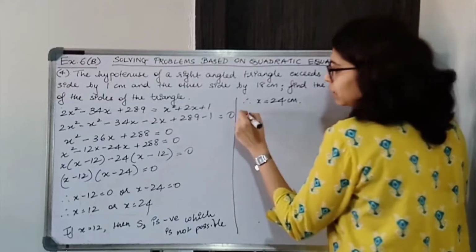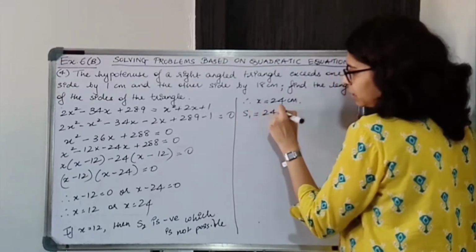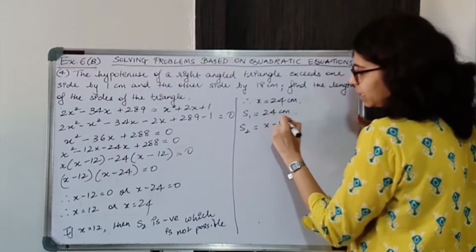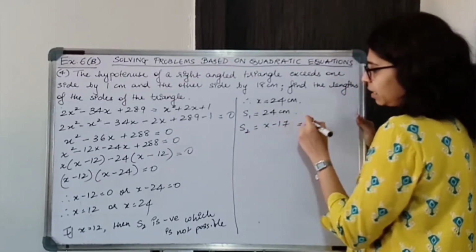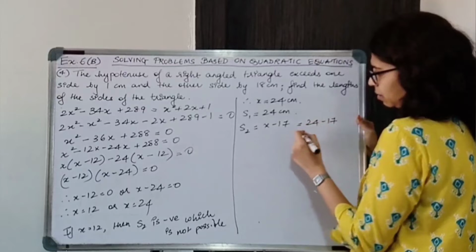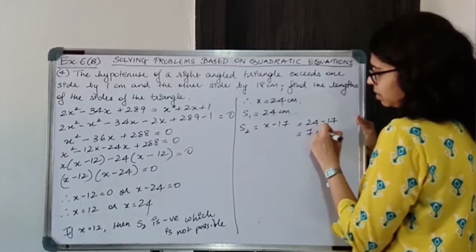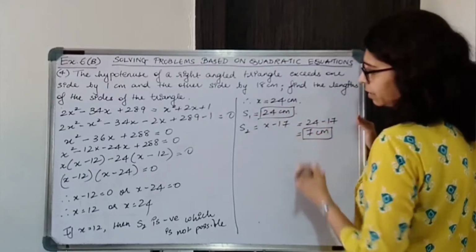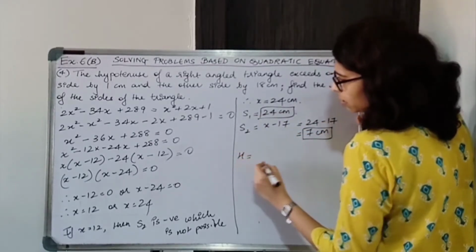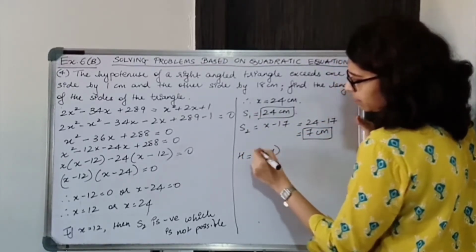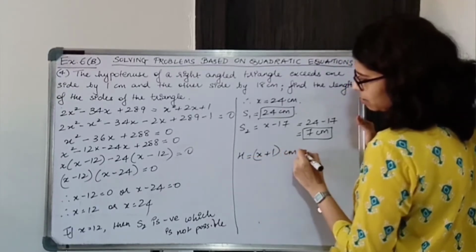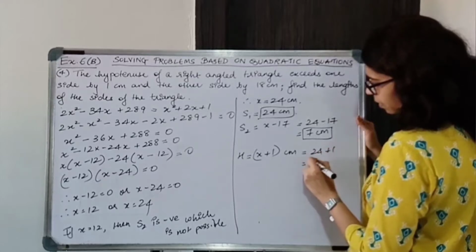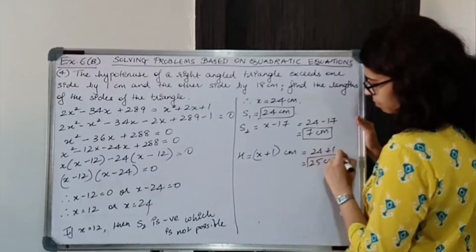Okay, so S1 is 24 centimeter, S2 what will it be? x minus 17, so it will be 24 minus 17. Okay, so that is 7 centimeter. Okay, S1 found, S2 found, h is x plus 1, so that is 24 plus 1, that is 25 centimeter.